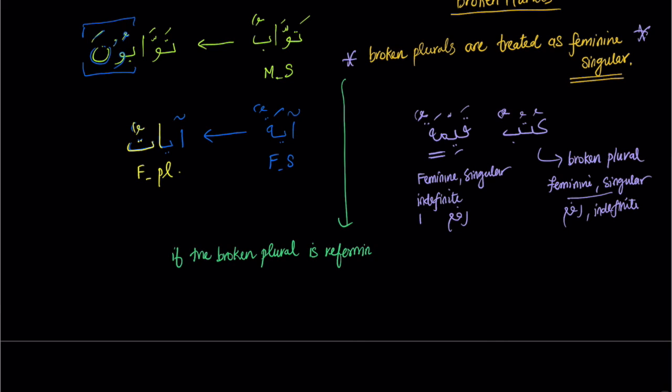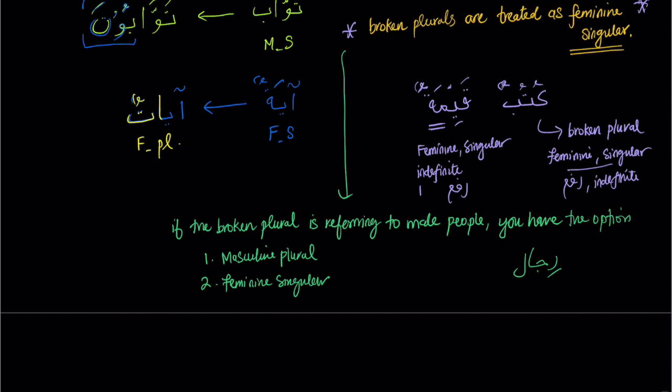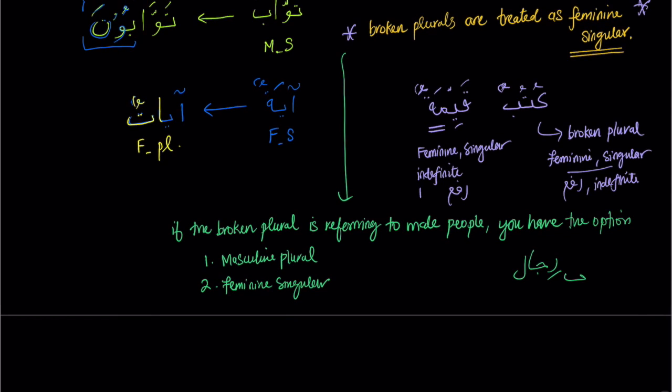Let me give you an example. So the example is rijal. Rijal is the plural of rajul, which means man. So rijal is the broken plural for man, so it means men.